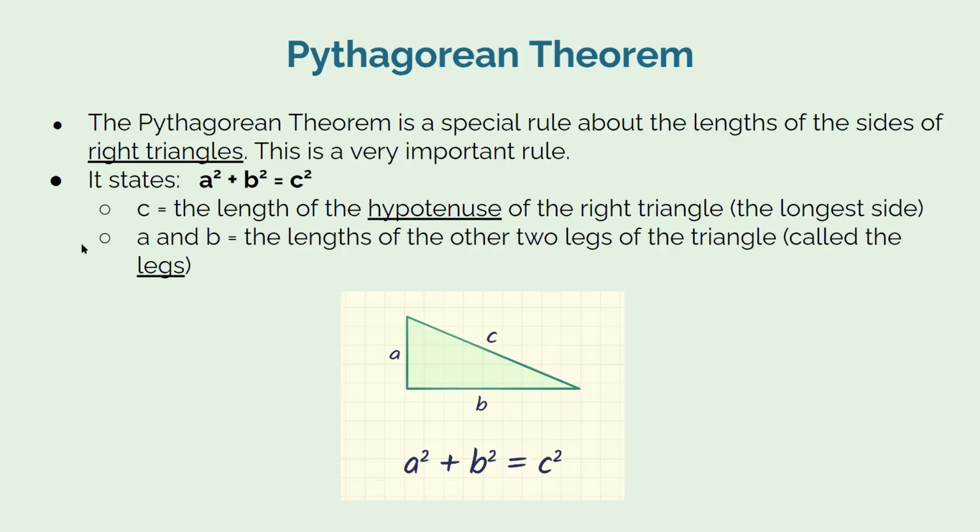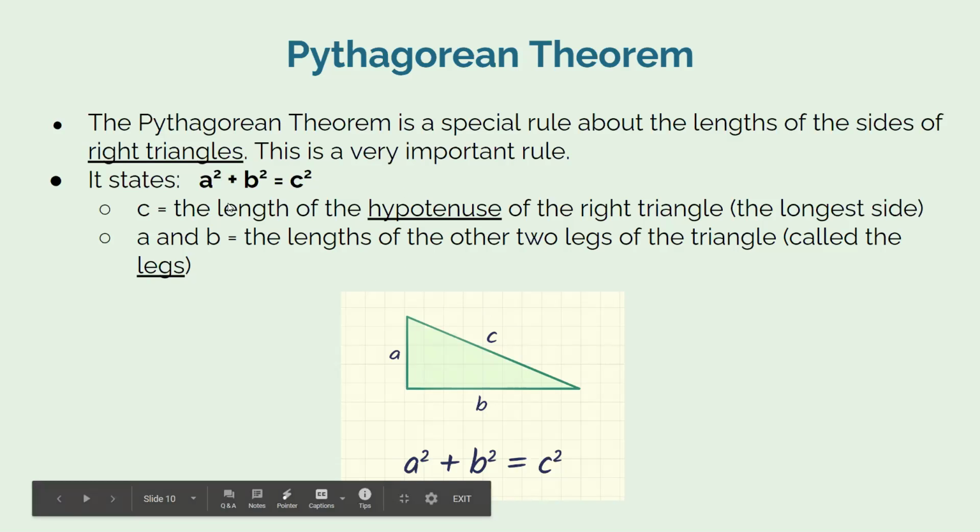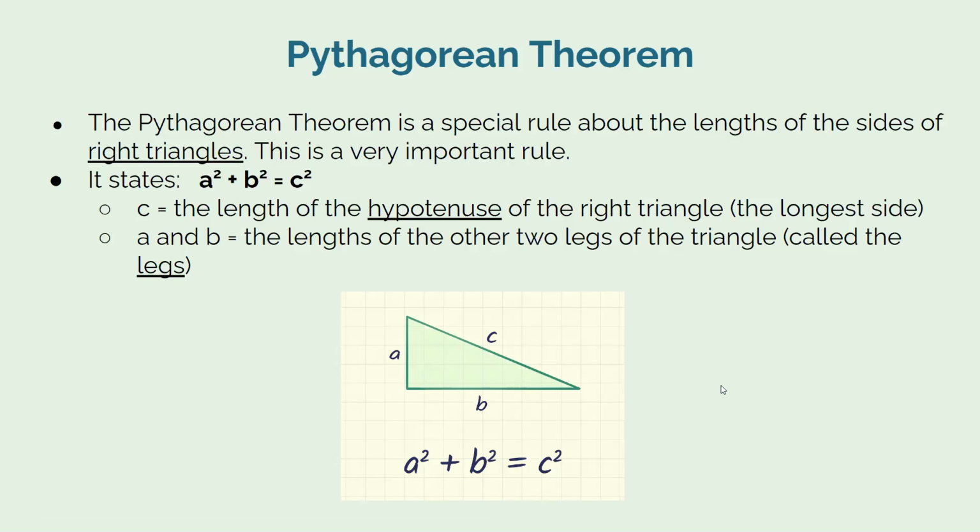Just to clarify, the legs are the sides of the triangle which are connected to make a right angle. You can see here that side a and side b, when put together, are the ones right next to the right angle, and side c is the one opposite the right angle. Basically, the legs are everything that the hypotenuse isn't.